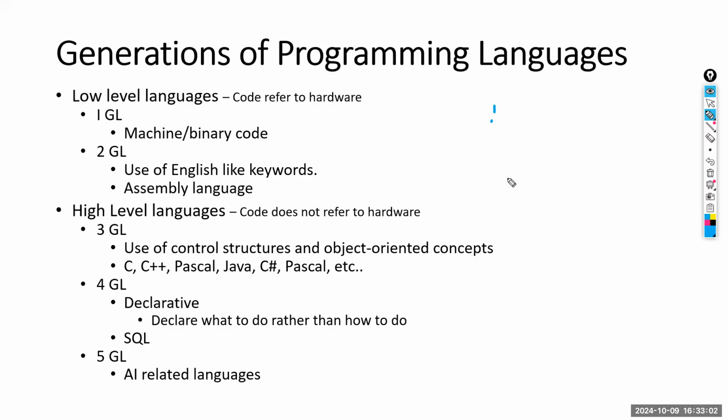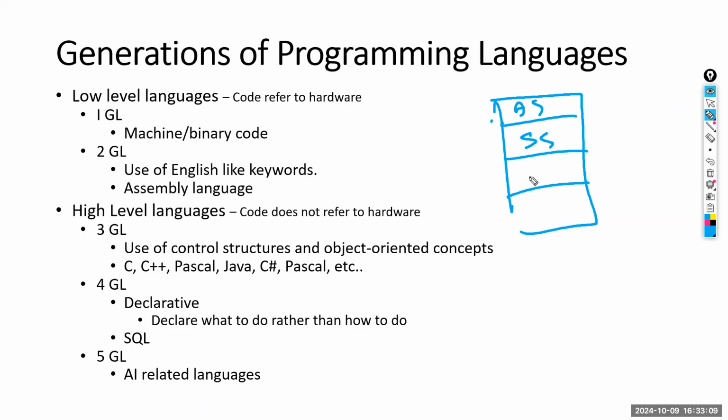Right. So remember, we can look at the computer as application software, system software, firmware, and hardware. When we write programs, remember initially the data is processed by programs. Those are basically application software.